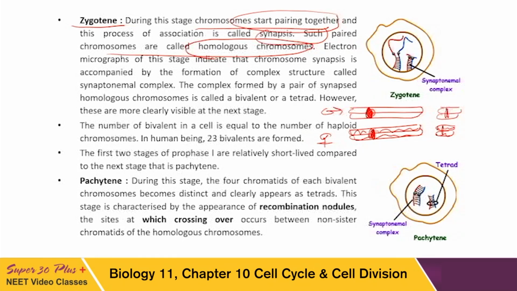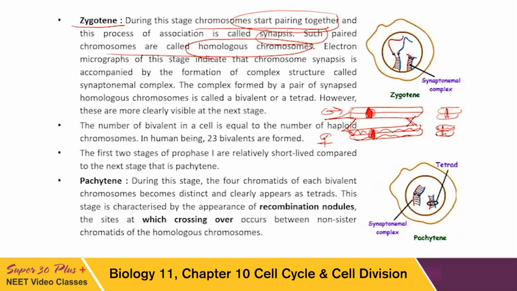Is it? An important point here, because these chromosomes come in pairs, exchange of material will be there between these non-sister chromatids. These are called sister chromatids. This one and this one will be known as non-sister chromatids. So these non-sister chromatids will exchange their genetic material. We have to study that.